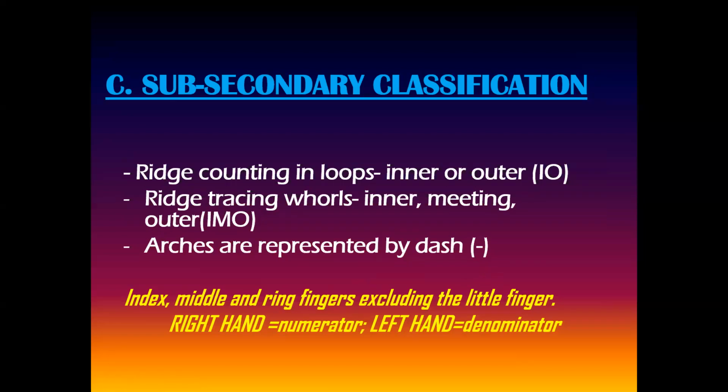However, you have to consider that in the subsecondary classification, we are only using fingerprints appearing on our index fingers, middle fingers, and ring fingers. So we are only using three: the index, the middle, and the ring fingers.